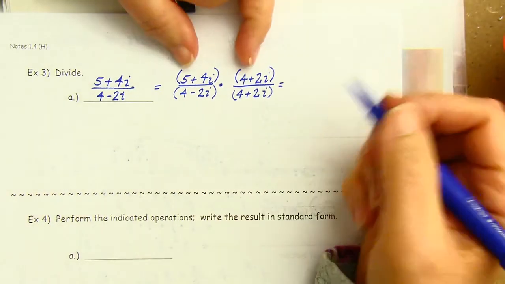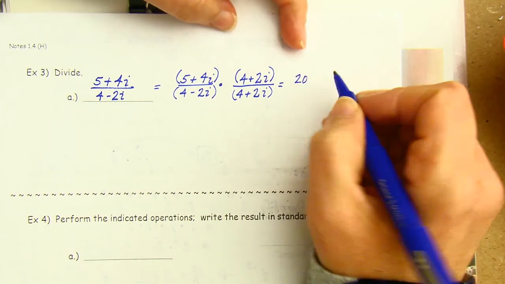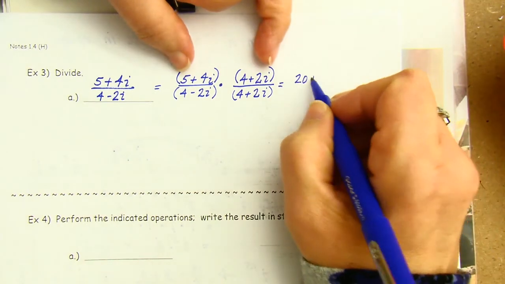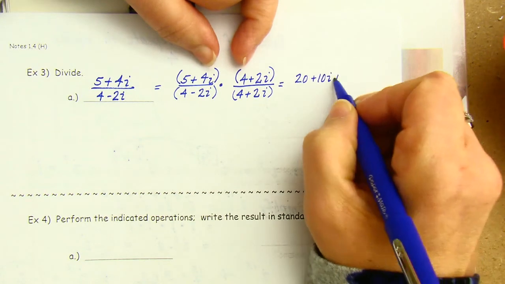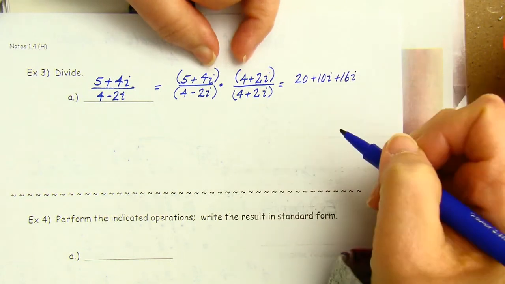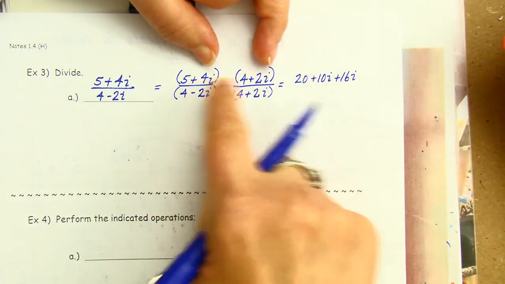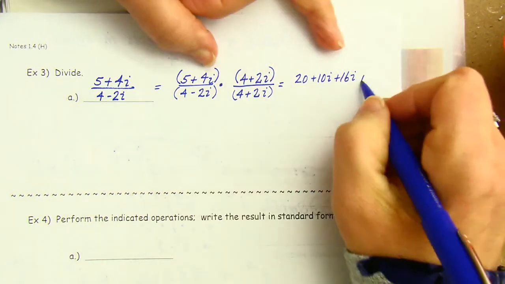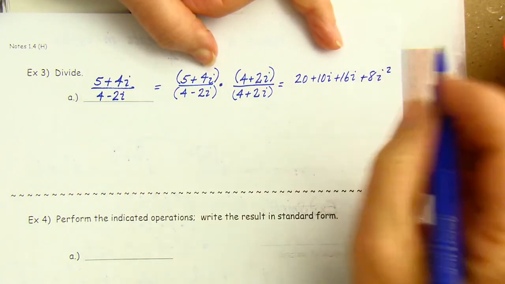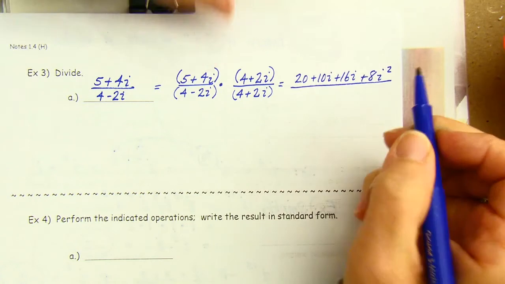And now let's FOIL. 5 times 4, 20. 5 times 2i, plus 10i. 4i times 4, plus 16i. 4i times 2i. Well, 4 times 2 is 8. It's positive, so this is positive 8i squared. Now remember, you can't keep an i squared.